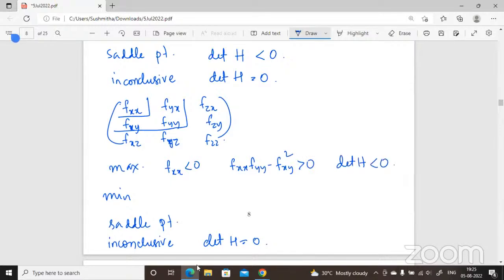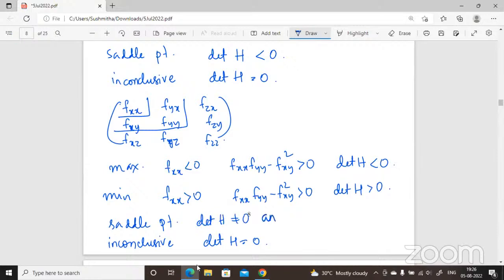For minima, everything should be greater than 0: fxx greater than 0, fxx fyy minus fxy squared greater than 0, and the determinant is also greater than 0. For a saddle point, if either of these doesn't happen, the determinant is non-zero and it is not maxima or minima. These are the conditions for a saddle point.